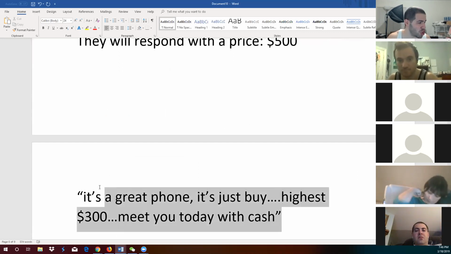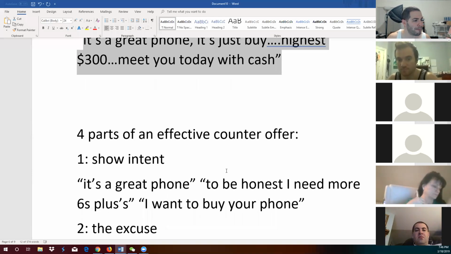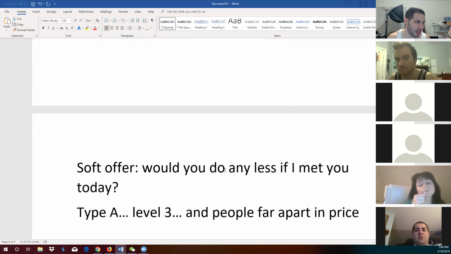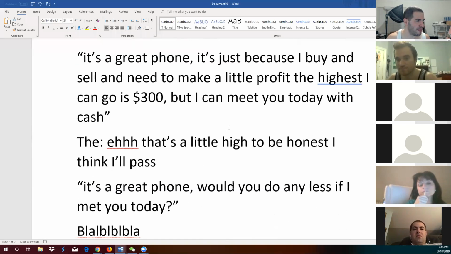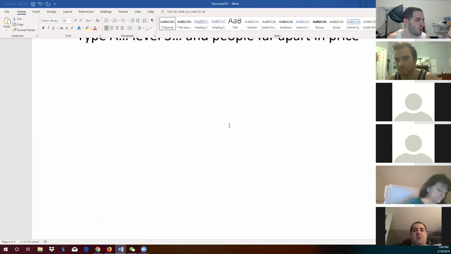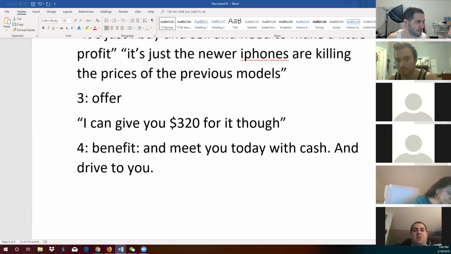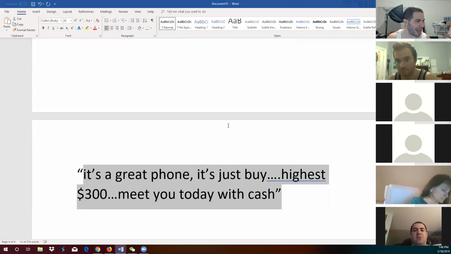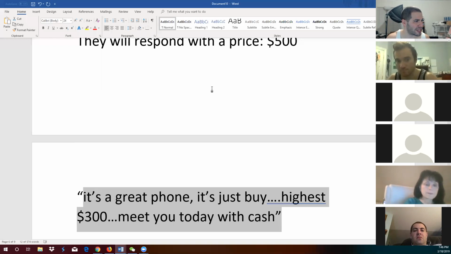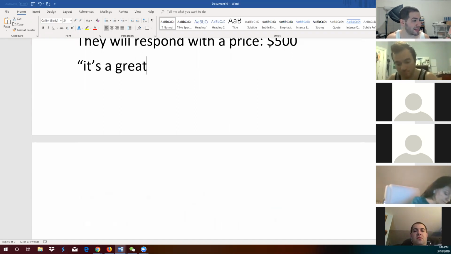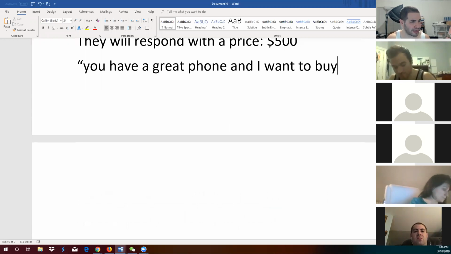What we would want to do is use the 4 parts of an effective counteroffer, but substitute, you guys ready? Substitute a soft offer to get them down in price, because we're a little bit far away on price and they're still kind of a level 2, so we're a little bit on edge. So the correct response is, it's a great phone. You have a great phone and I want to buy it.